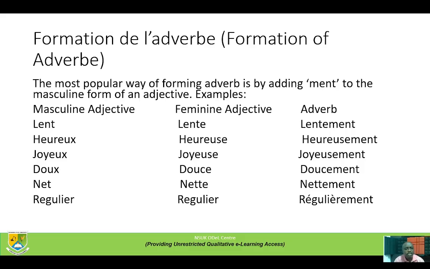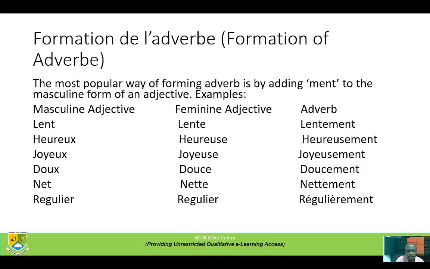Now, let me tell us what I've just explained in English. Masculine adjective is lent, meaning slow. And the adverb from it is lentement, which is slowly. Heureux, happy. Heureuse is the feminine form, and heureusement, that is happily, describing how a person is happy.